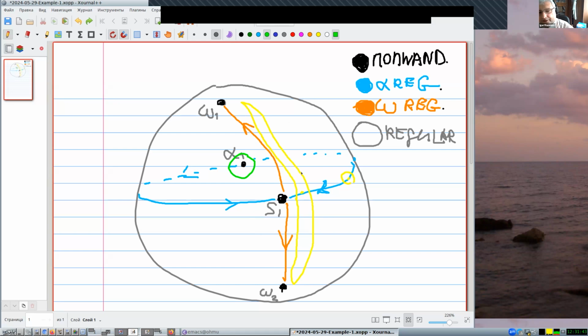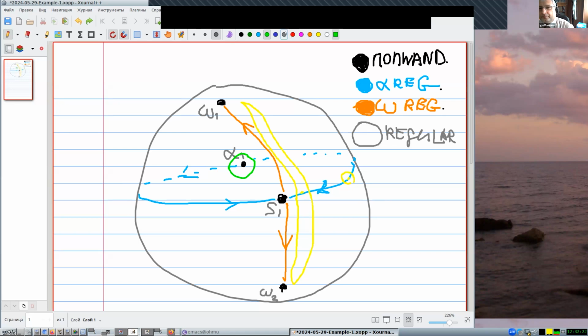If we take a sphere and throw away a saddle point and the blue stable separatrices, we have two omega regular components. One is the upper hemisphere punctured with source 1, and the other is the lower hemisphere without source 2.